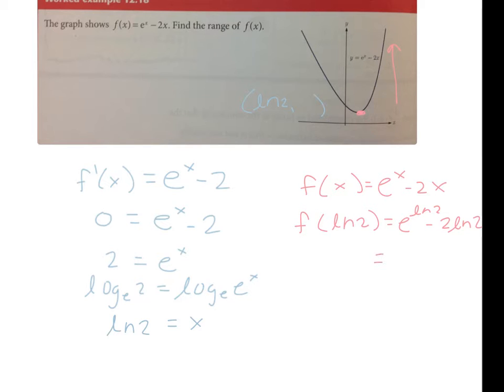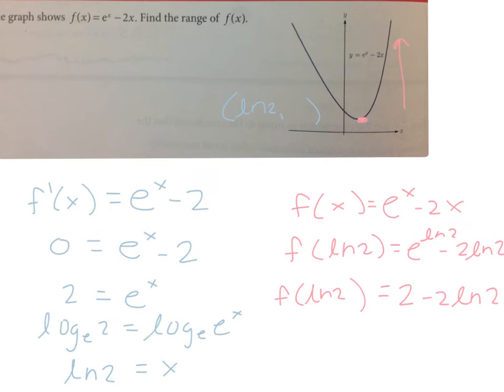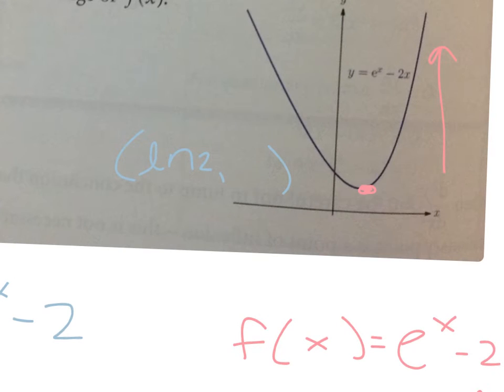That simplifies to just 2. And then 2 natural log of 2, we can't really simplify any further. So we now know the y value of our ordered pair is 2 minus 2 natural log of 2.